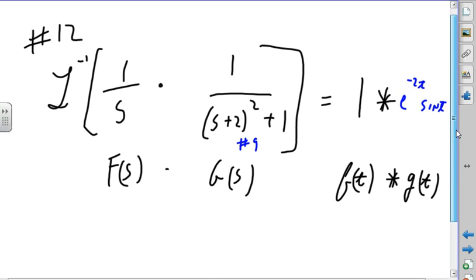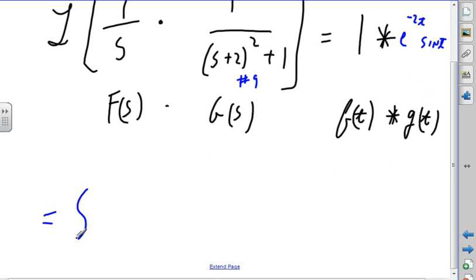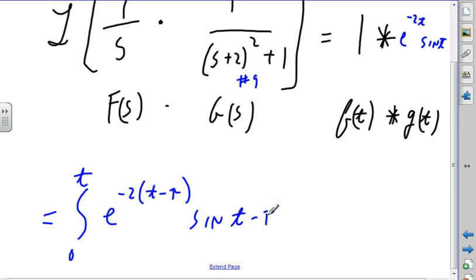And then that would be the integral from 0 to t of e to the minus 2 (t minus tau) sine (t minus tau) d tau.